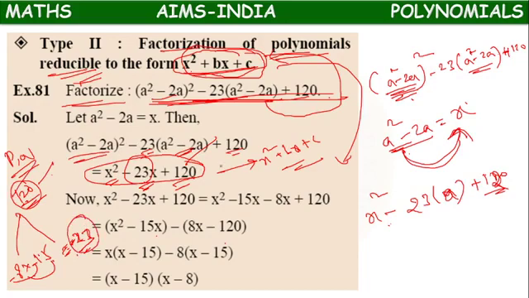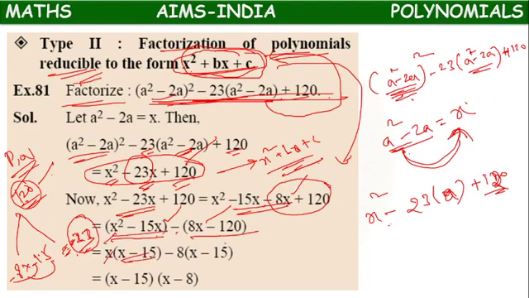After reducing to the required form, now we split the middle term minus 23x into minus 15x minus 8x. First two terms one group, next two terms another group. For the next two terms, minus is there in the beginning, so we take minus common and the symbol in the middle changes. From the first two, x is common, giving x minus 15.